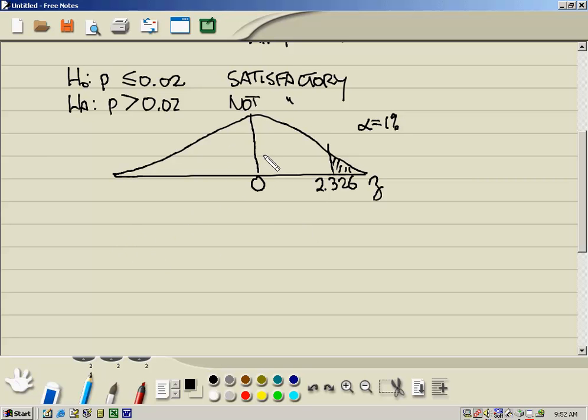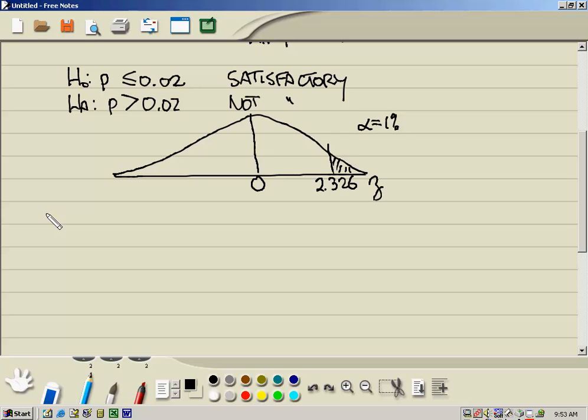So the decision rule will work as follows. If the calculated z value from the sample is in the acceptance region, do not reject the null. It's possible the work is satisfactory. If the calculated z value from the sample data is greater than 2.326, then we will reject the null. It is likely the work is not satisfactory.